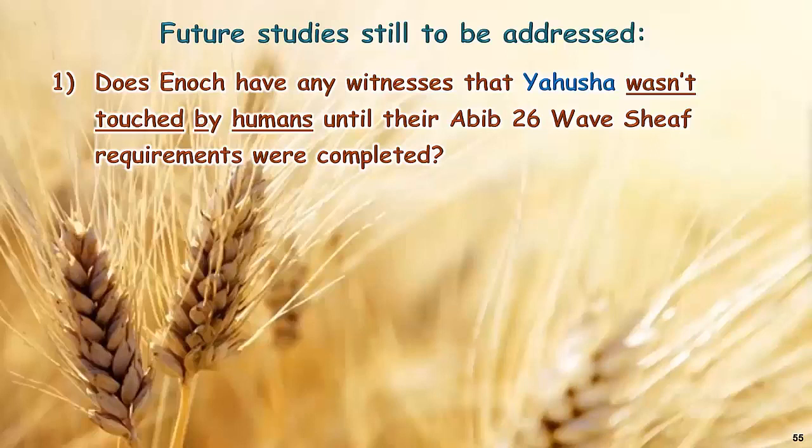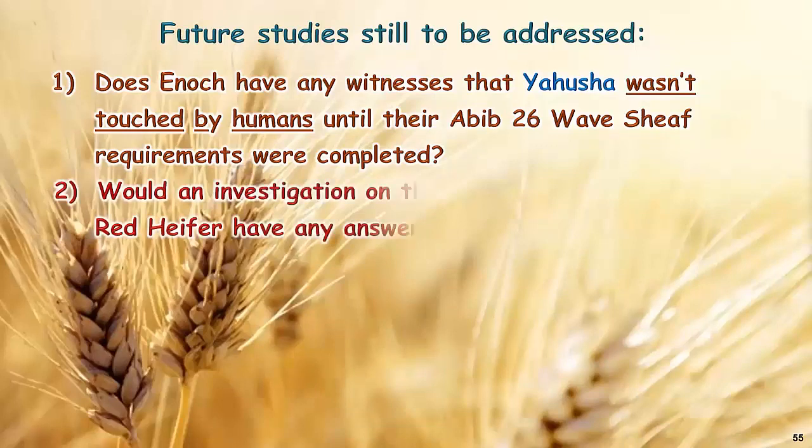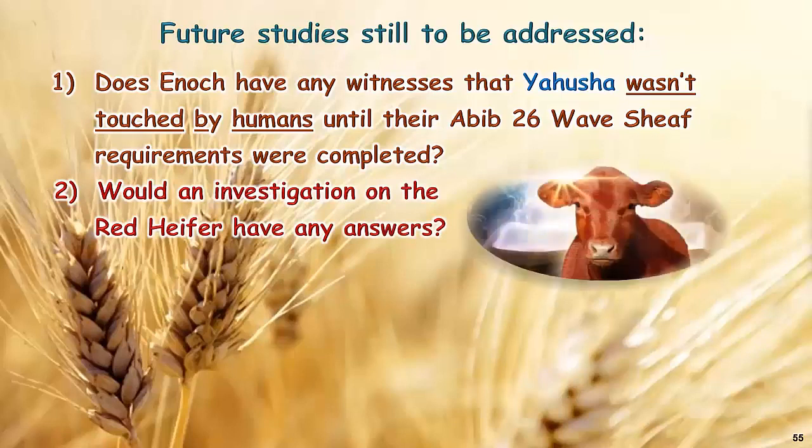Future studies still to be addressed. Does Enoch have any witnesses that Yahusha wasn't touched by humans until their Abib 26 wave sheaf requirements were completed? What do the scriptures have to say about that? Would an investigation on the red heifer have any answers? For sure and for certain.